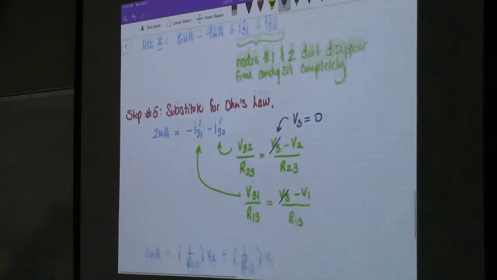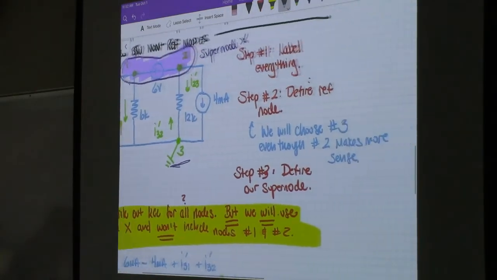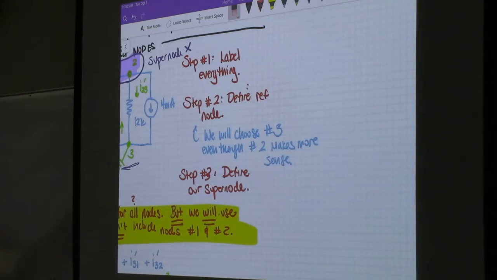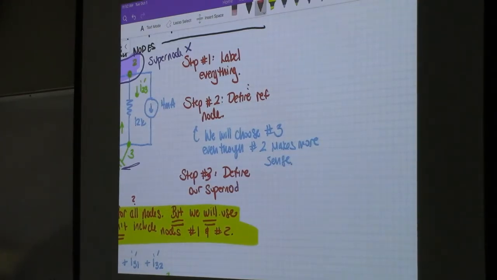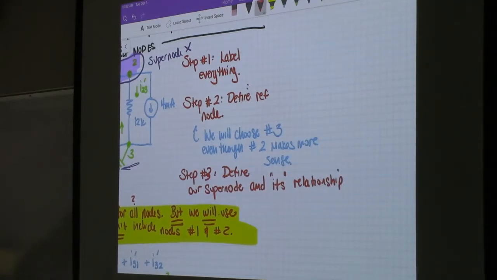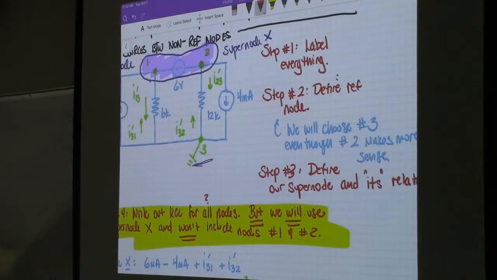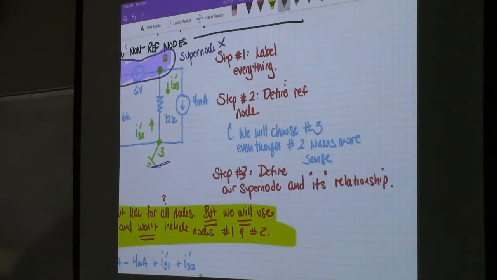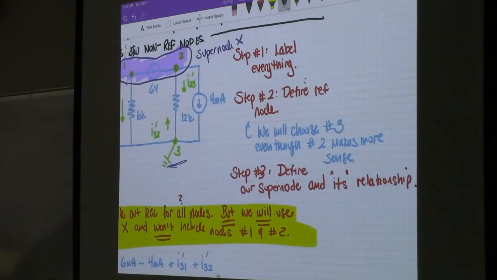One thing we should probably do when we define the supernode, I'll add this up here: define the supernode and its quote-unquote relationship that's derived from KVL. What is the relationship? It's simply an application of KVL, which says V2 minus V1, actually, sorry, it's the other direction: V1 minus V2 equals 6 volts.